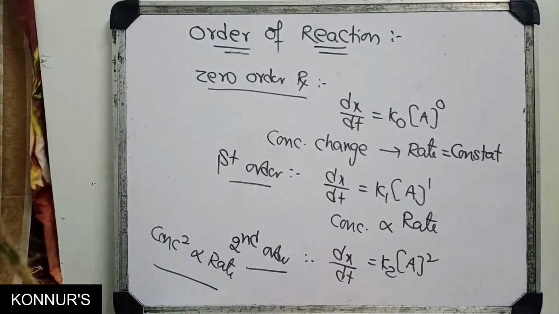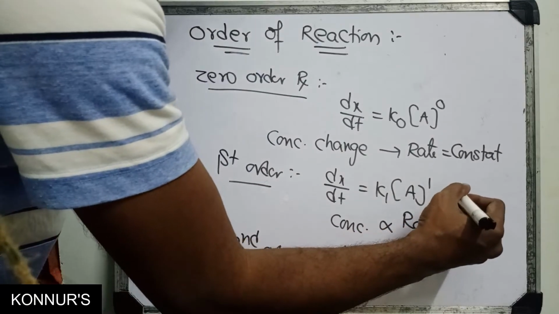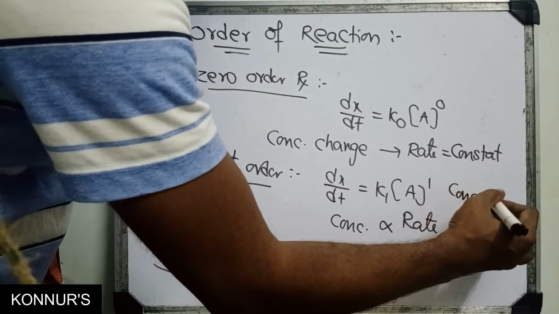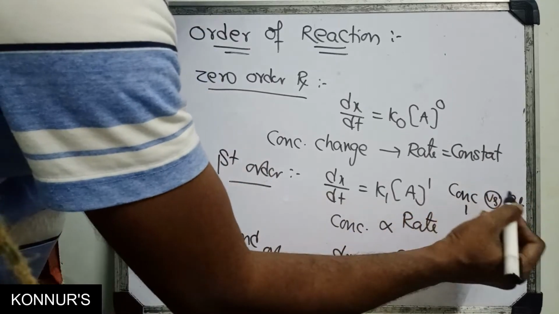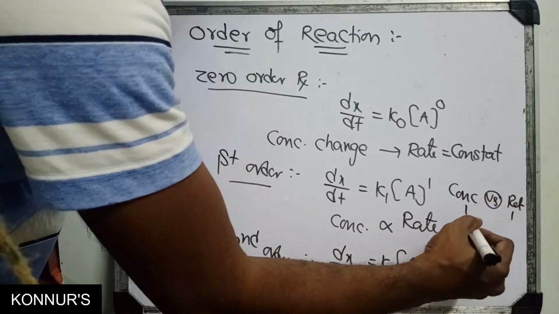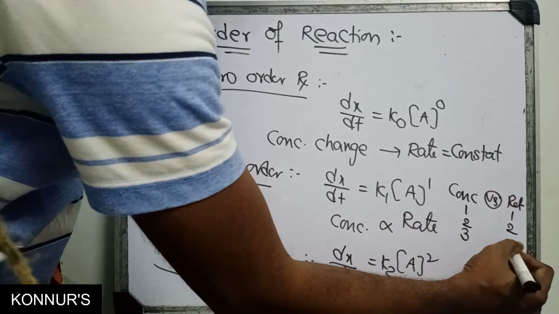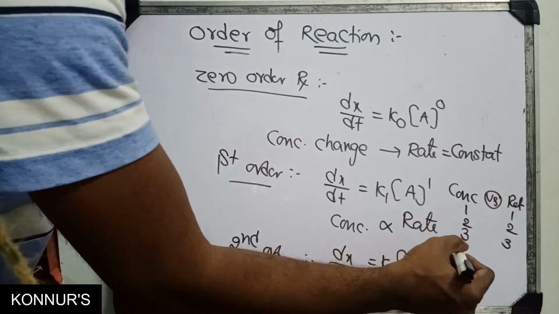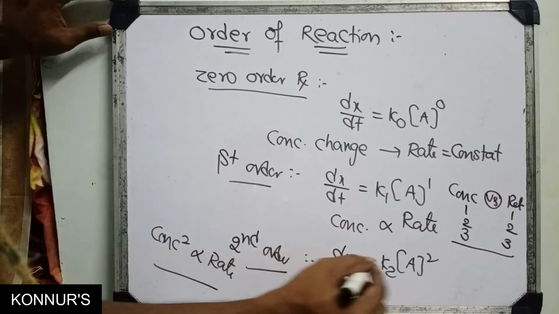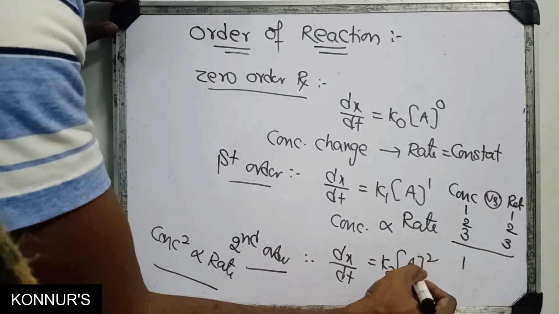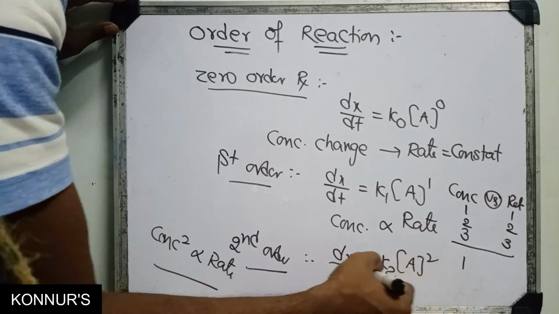So you must concentrate on concentration versus rate. For first order: concentration 1 time, rate also 1; concentration 2 times, rate also 2; concentration 3 times, rate also 3. Suppose for second order you take concentration 1 time, that is 1 squared, so the rate is the same.